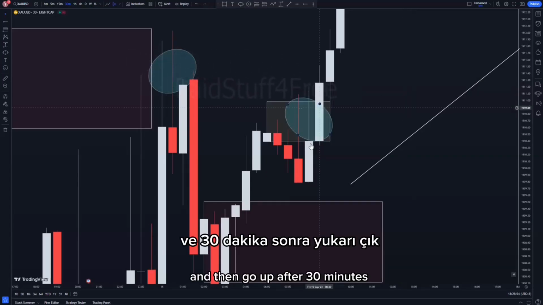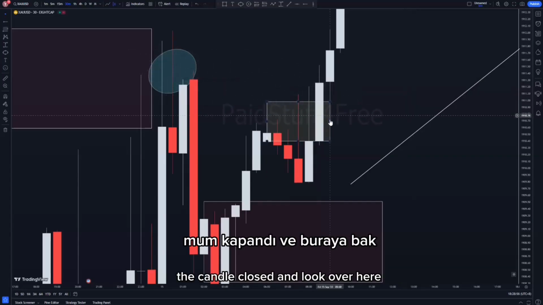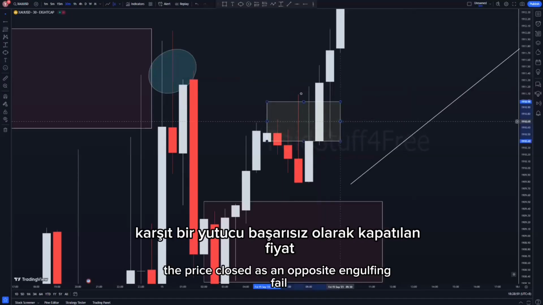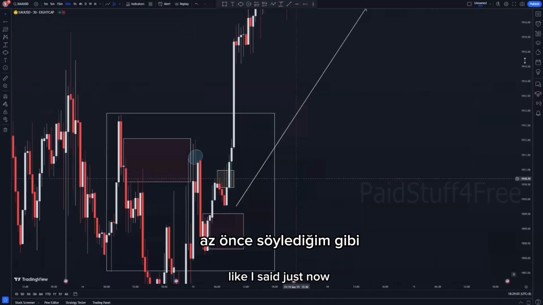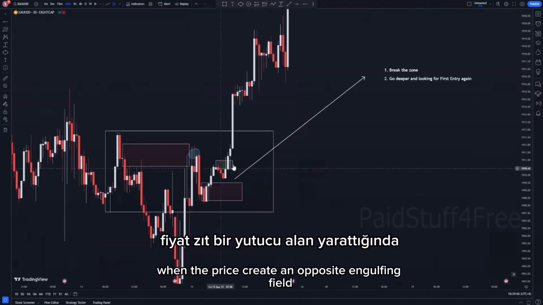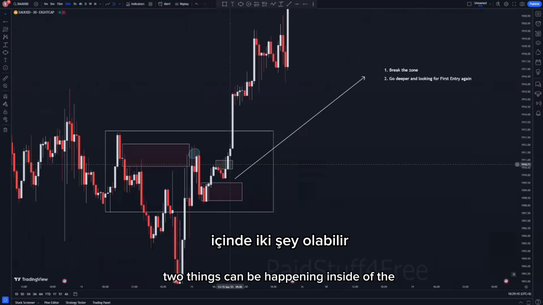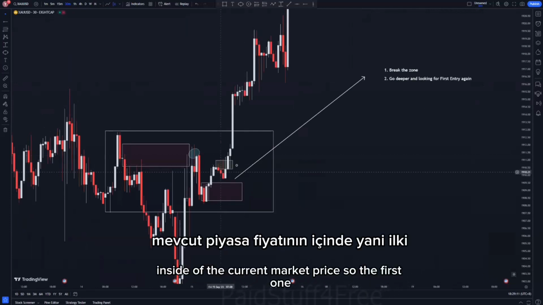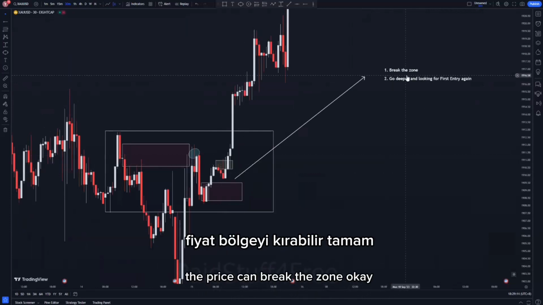Okay. And then it goes up, after 30 minutes a candle closed, and look over here. The price closed as an opposite engulfing failed. Like I said just now, when the price creates an opposite engulfing failed, two things can happen in the current market price. The first one, the price can break the zone.